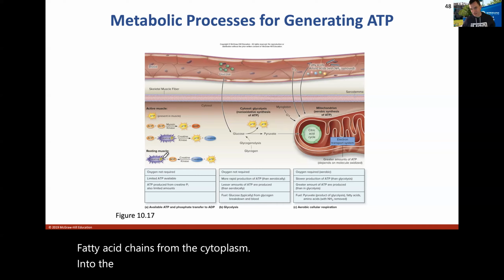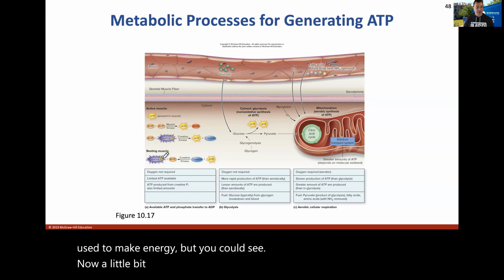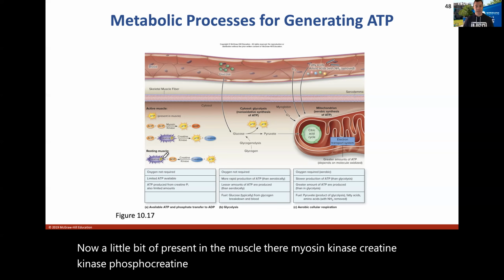So that's why L-carnitine is usually said to be somewhat effective in terms of mobilizing your fat stores for use to make energy. But you can see a little bit present in the muscle there, myosin kinase, creatine kinase, phosphocreatine system, all right, helping to give us some initial oomphs of energy, all right?